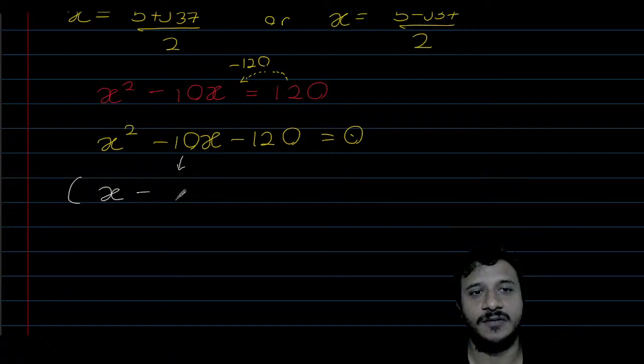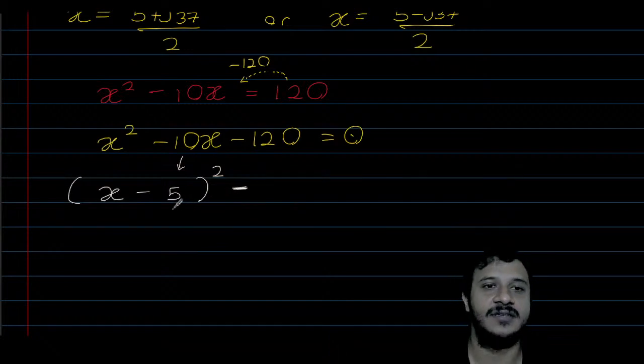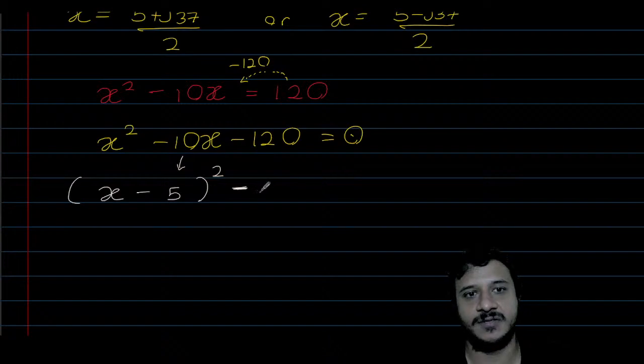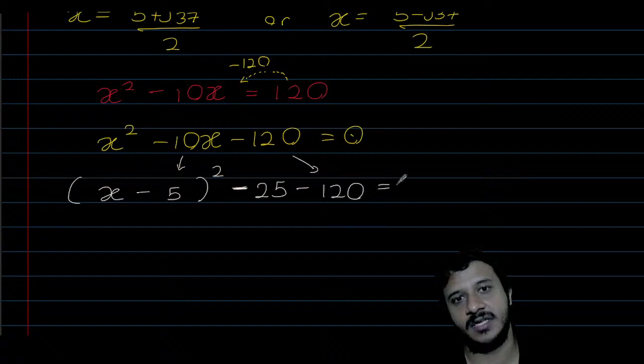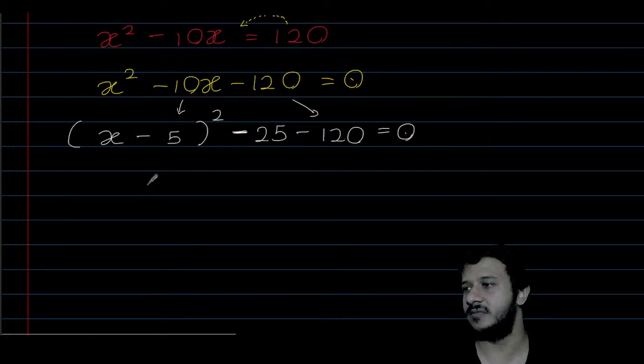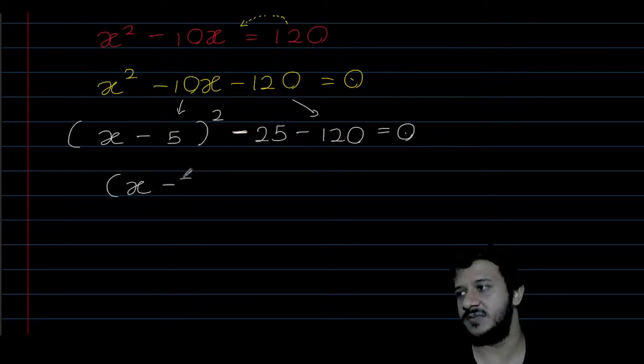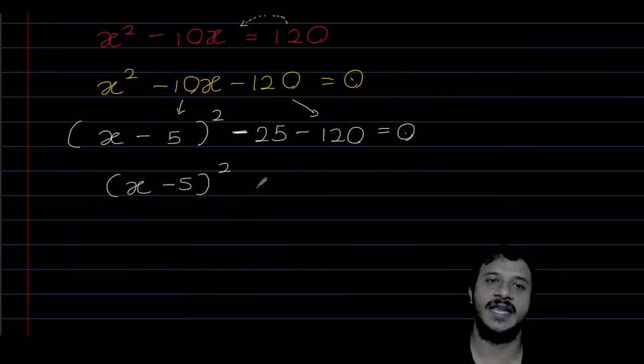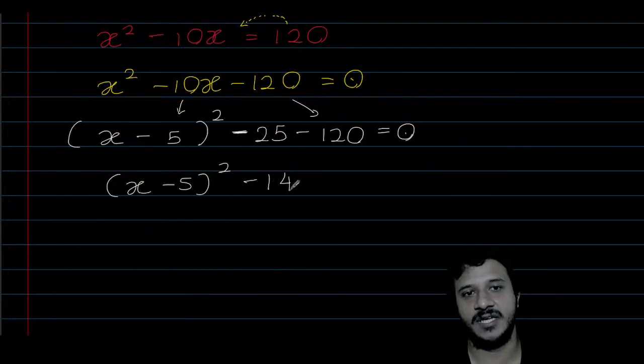Half of 10 will be 5. Close the bracket, put a square, then always a minus, and the square of this 5, which is 25. Then the 120 comes down equals 0. Then we get x minus 5 square, negative 120 and negative 25 will be negative 145 equals 0.